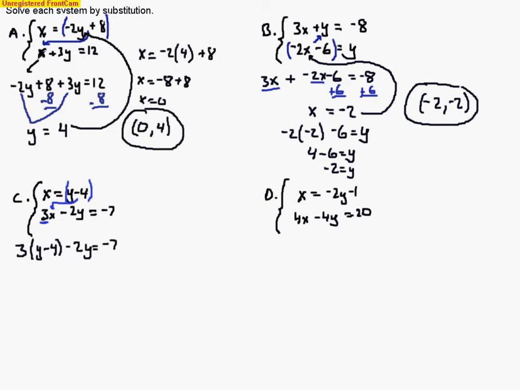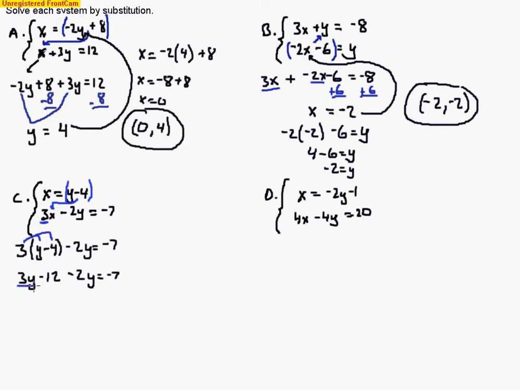So we need to use that distributive property. Multiply that 3 over the y minus 4. Got to do that first before we can collect like terms. So we now have 3y minus 12 minus 2y equals negative 7. So now we can go ahead and collect some terms, move a term over and solve.